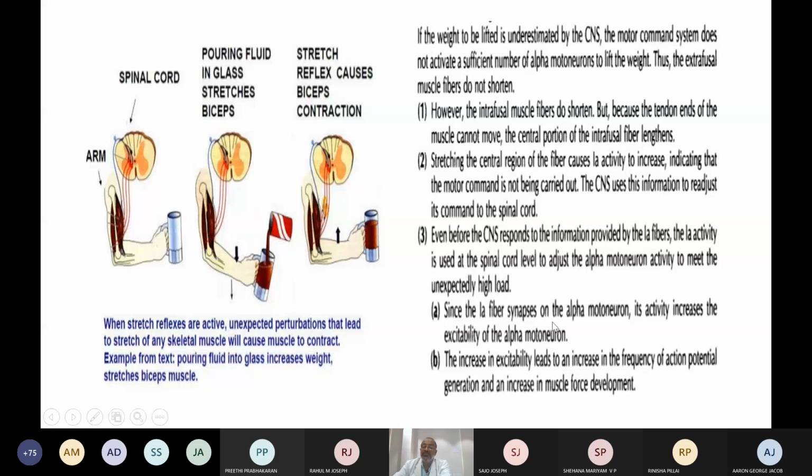Since the 1A fiber synapses on the alpha motor neuron, its activity increases the excitability of the alpha motor neuron, leading to an increase in the frequency of action potential generation and an increase in muscle force development. You have to know that. There is stretching and also relaxation will happen.